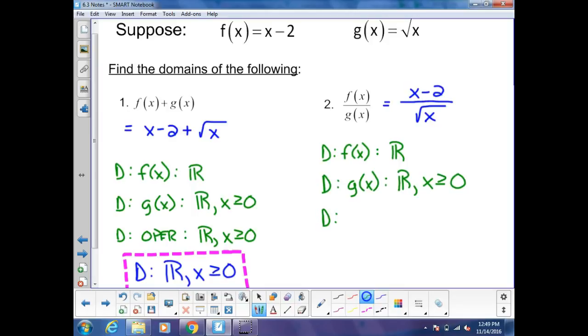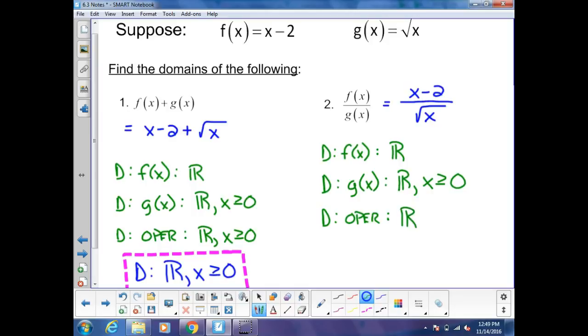The domain here now after my operation, what changes in my domain after my operation? Or does anything not change? It's all real numbers, right?